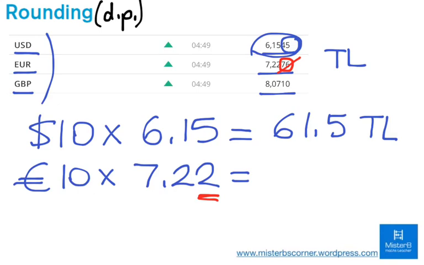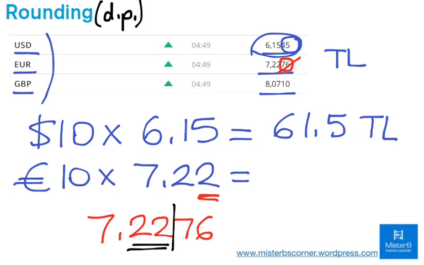What happens is, if you have 7.2276, a number like that, and you want to round it so that you will have 2 decimal places, just because the part on the right hand side is too much to scrap, you consider this as a whole and add one more here.